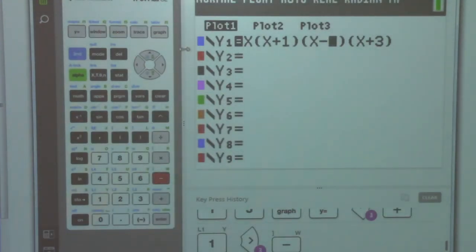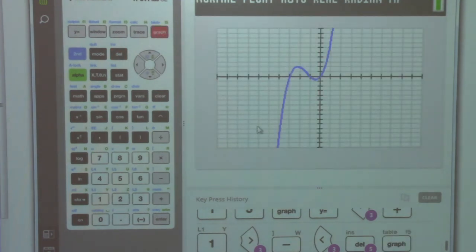So what I'm going to do is delete here, and I'm going to have everything in place, right? So graph, that's what you have, right? Yeah.